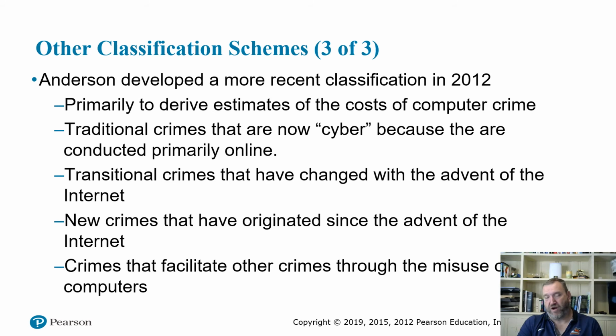You can think about other crimes that have originated on that: spoofing, caller ID spoofing, things you couldn't do with traditional old POTS telephones. You have to have some type of packet structure to be able to manipulate that. So there's a lot of things you can do. And then crimes that facilitate other crimes through the misuse of computers.